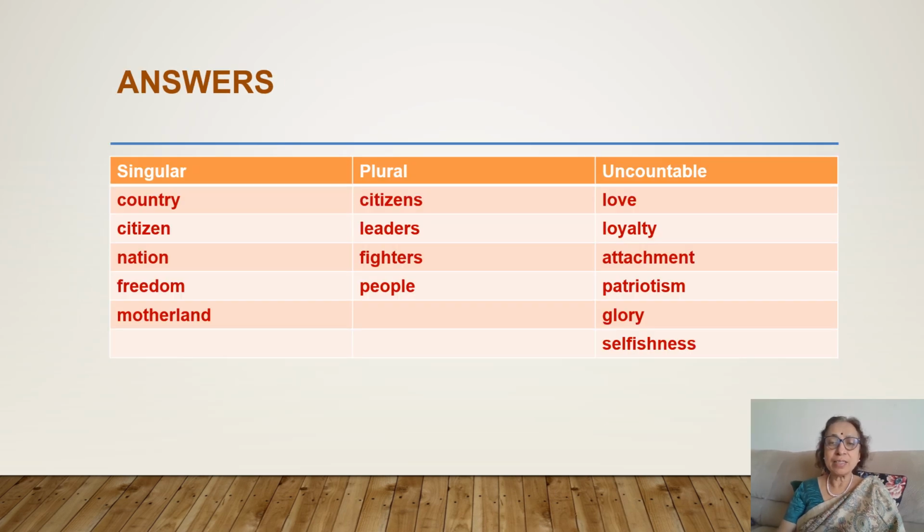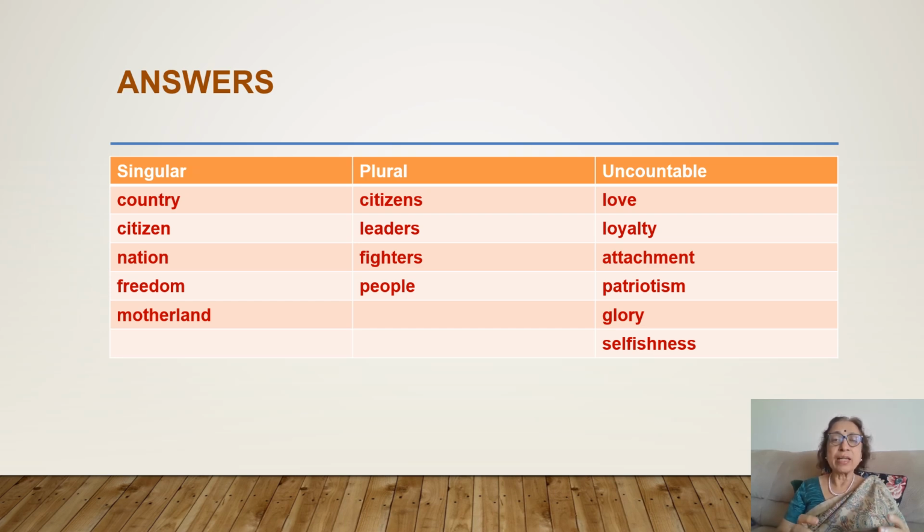You can see the answers in 3 columns: singular count nouns, plural count nouns, and uncountable ones. So look at the sentences. Since you don't have them with you, I will read out to you one by one. Our citizens. Now, citizens is a noun. It is a plural noun because there is citizen and there is citizens.